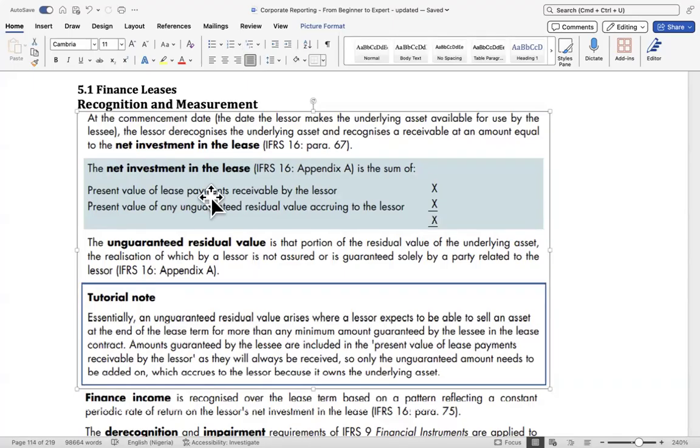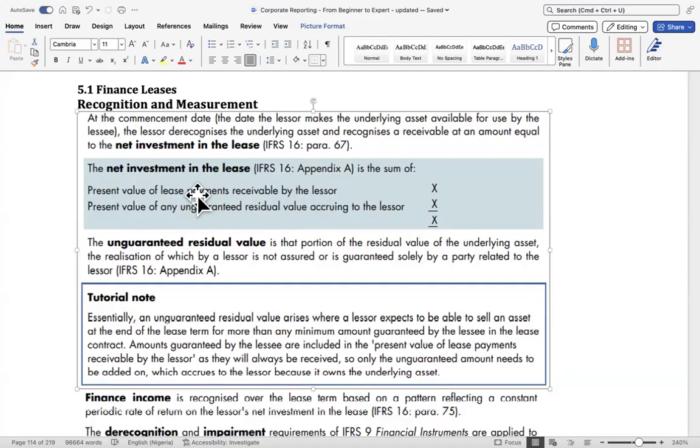So this net investment in the lease, or lease receivable, is determined as the present value of the lease payments receivable, which is similar to what the lessee does in his lease liability. That's what this guy is doing: the present value of lease payments receivable by the lessor, meaning all the money he is expecting from the lessee.